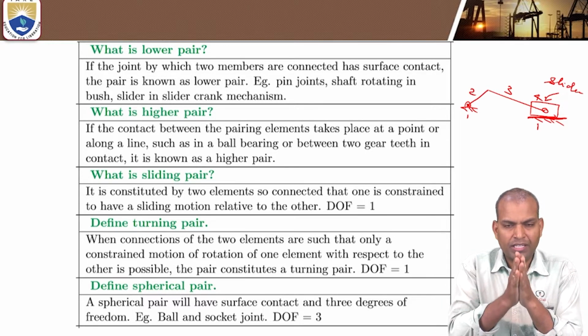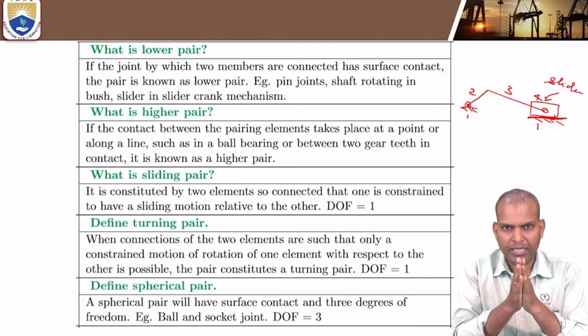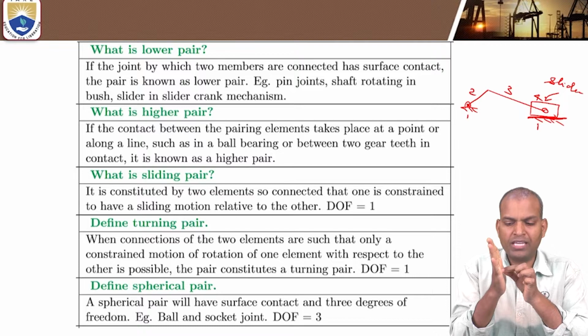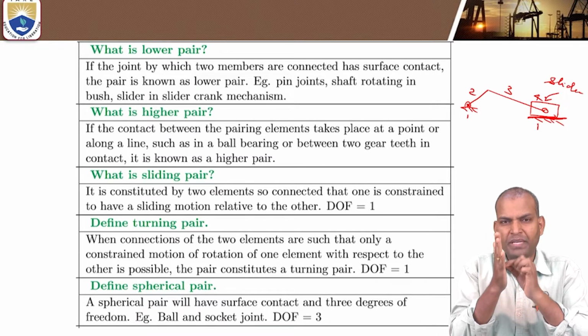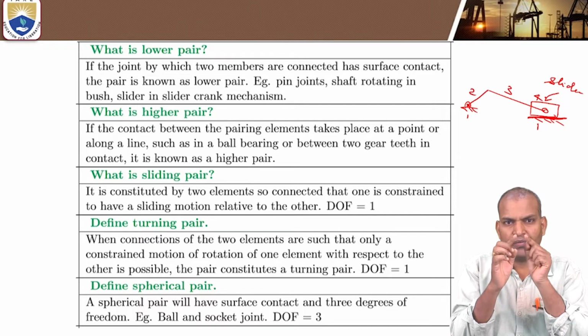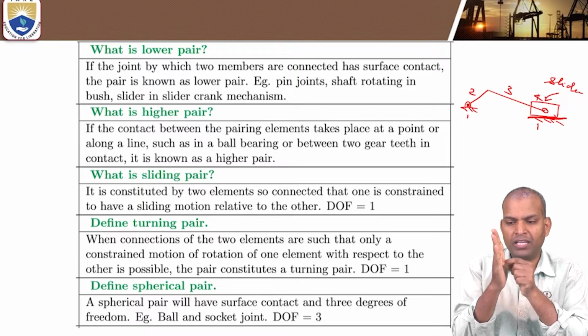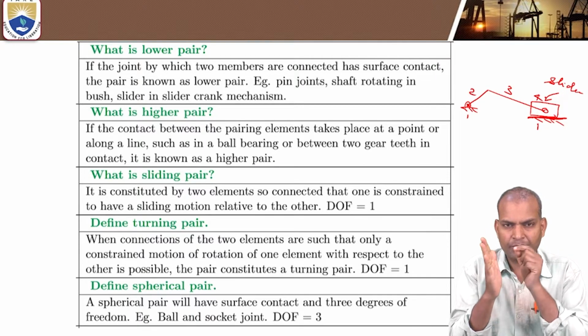Then what type of pair is it? The pair has motion, rubbing like that. It is a lower pair. Suppose there is a point contact, with motion between them, then what type of contact is it? If we consider a point, the point contact between the surface and this point is known as a higher pair.